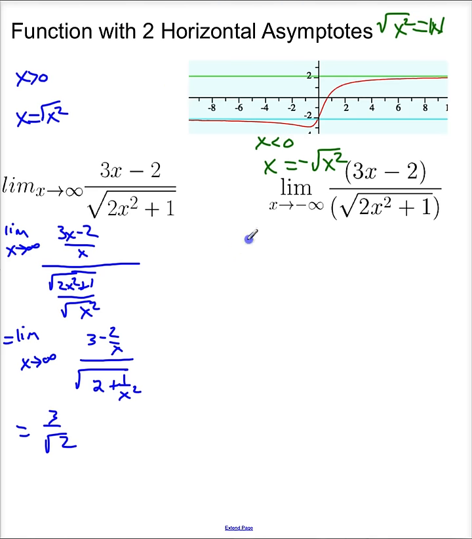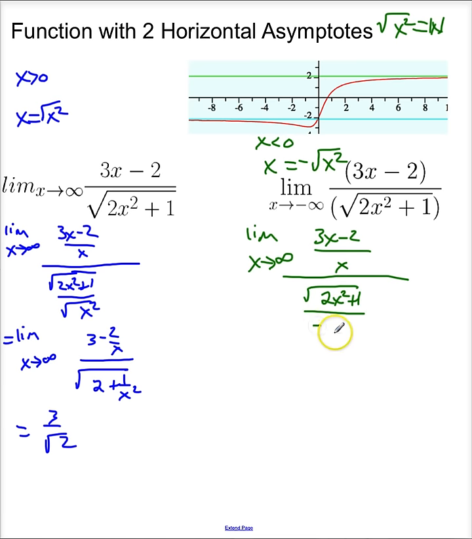Now we're going to do the exact same thing. Limit as x approaches negative infinity, but this time I'm going to divide by x again. So it's 3x minus 2 divided by x, divided by, and this time I'm going to use minus the square root of x squared in my denominator.